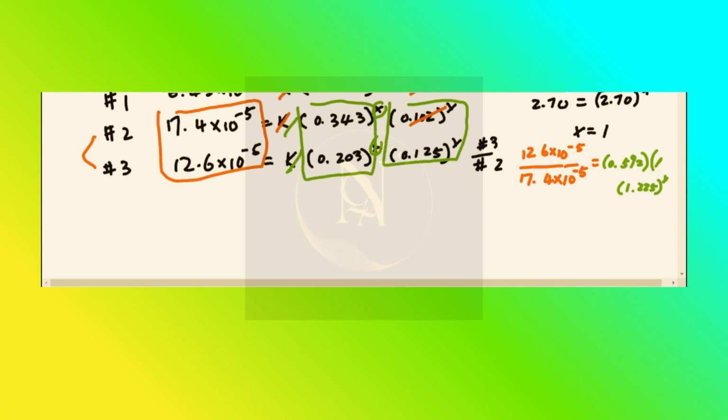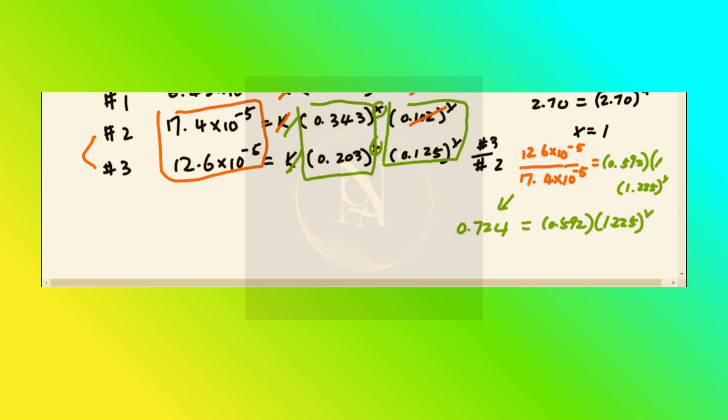So if I rewrite this a little bit, if you do a calculation on the left side, it will be 0.724 equals 0.592 times 1.225 to the power of y.